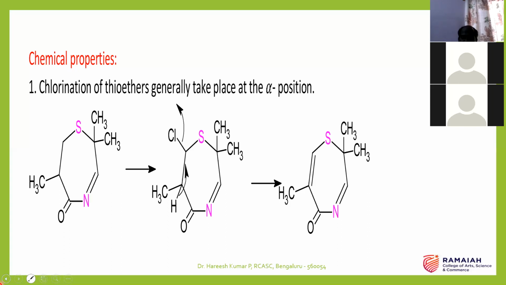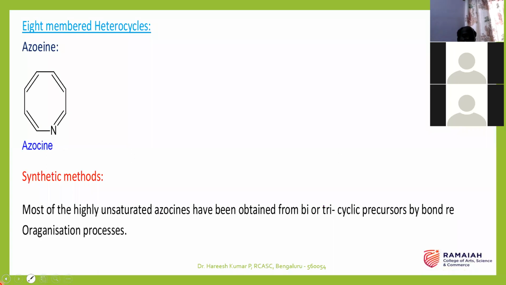Now we will move on to the 8-membered rings. An 8-membered ring with nitrogen is called azocine. Aza stands for nitrogen, and ocine stands for an 8-membered ring.